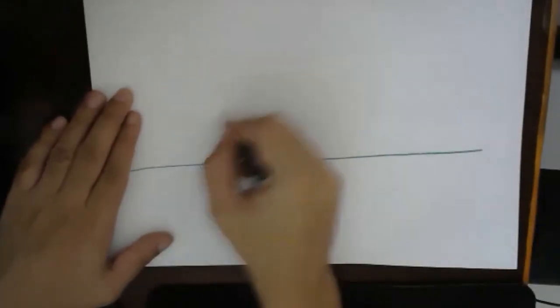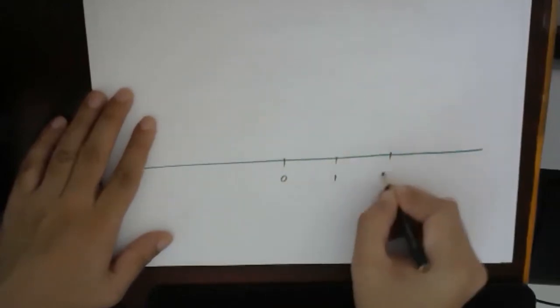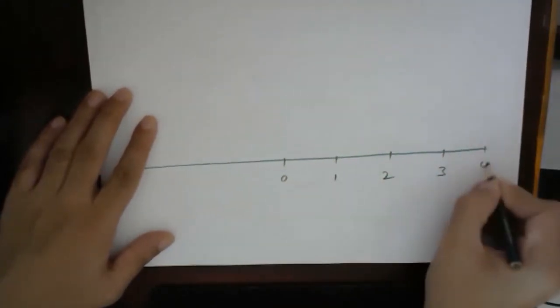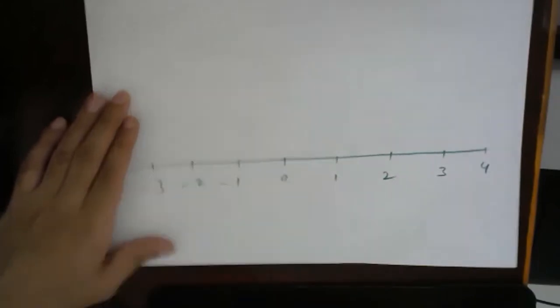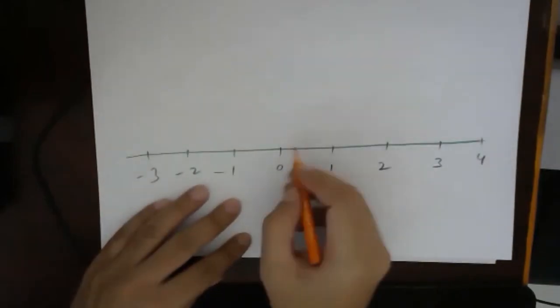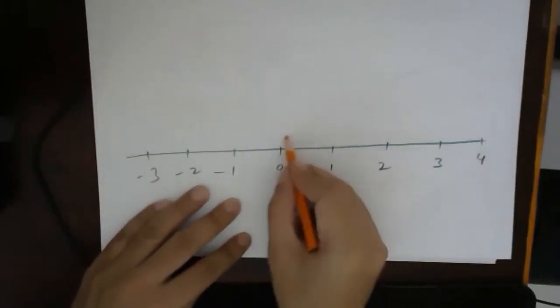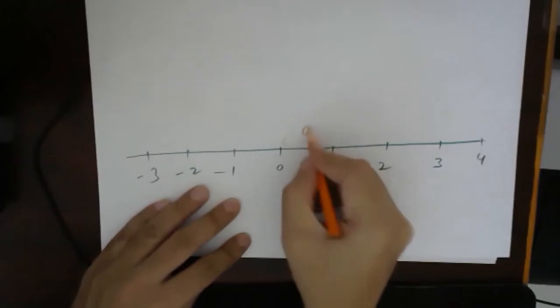I will use what we found just now to write this. I will divide the whole domain into 0, 1, 2, 3, 4, and before this minus 1, minus 2, minus 3, and so on. Between 0 to 1, the greatest integer is 0.